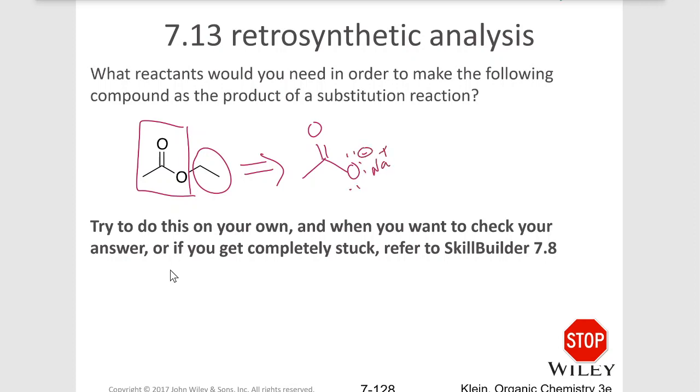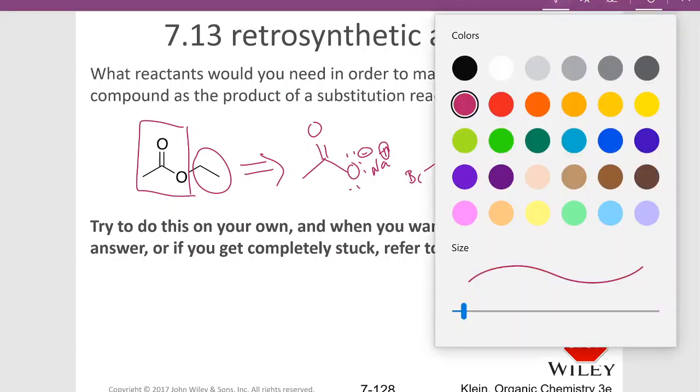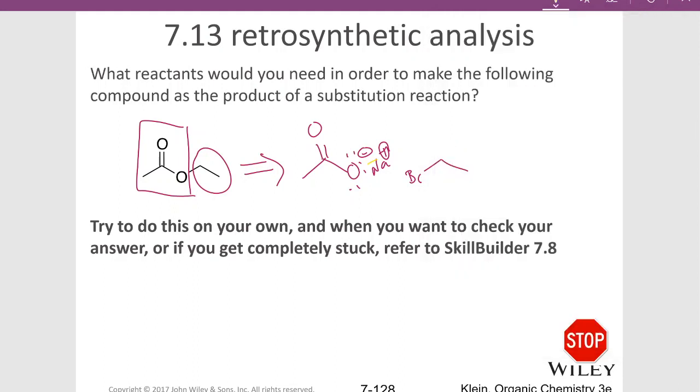So we could use sodium acetate plus an alkyl halide, like this bromide. If we wanted to do this reaction, will this work? This acetate attacks here, kicks out the leaving group, and this is not hindered, so this should work just fine.